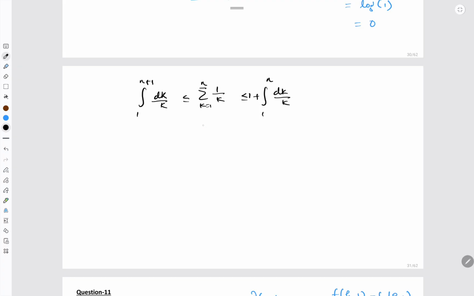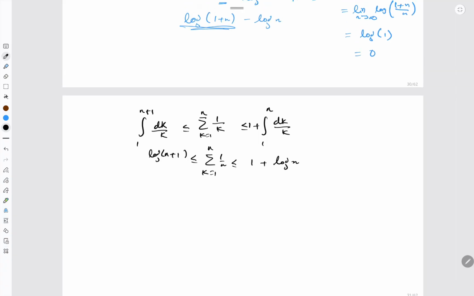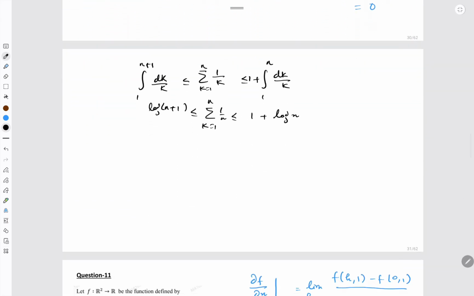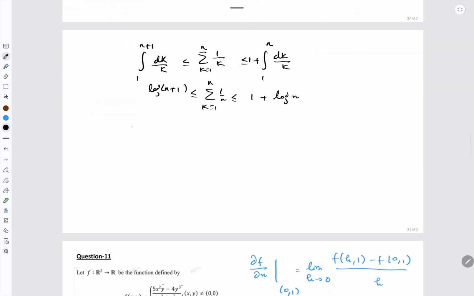So it lies between 1 plus, if you do this, it will be log n, right? And it will be log n plus 1. So this quantity basically lies between 1 plus log n and log n plus 1.